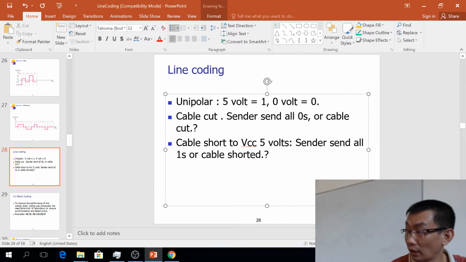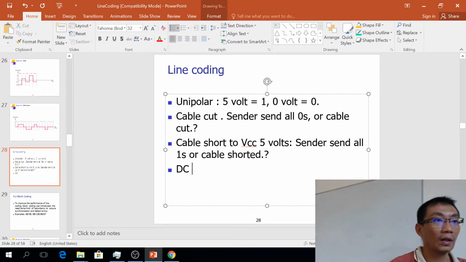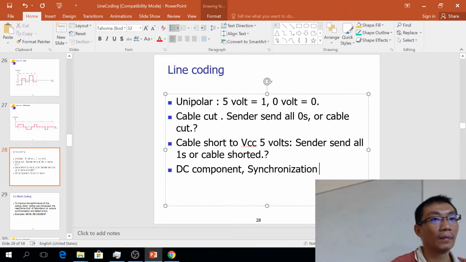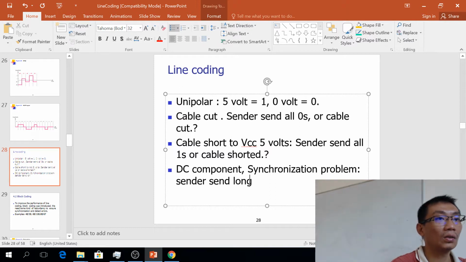Then you also have a DC component, and also a synchronization problem, when the sender sends long 1s or long 0s.